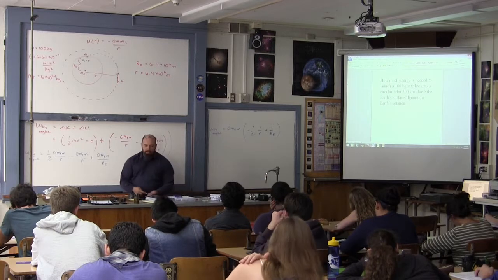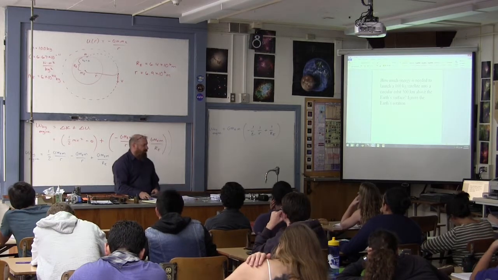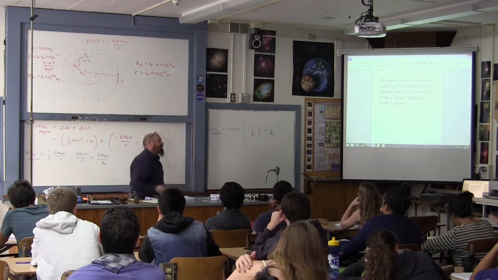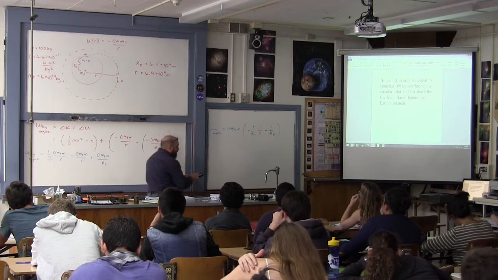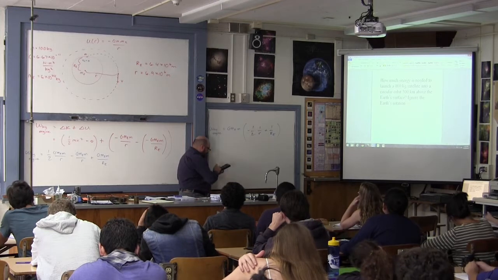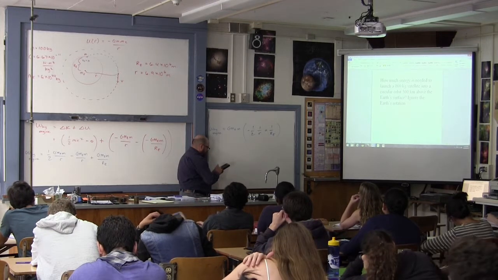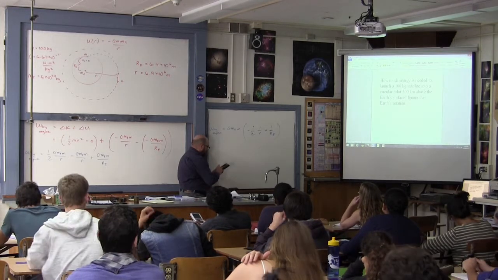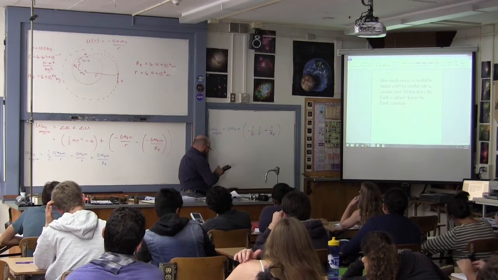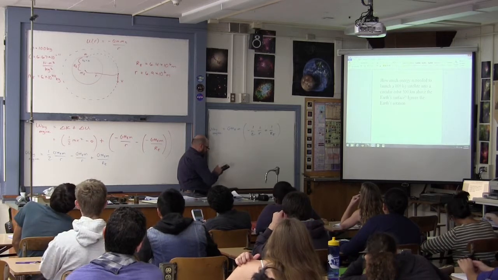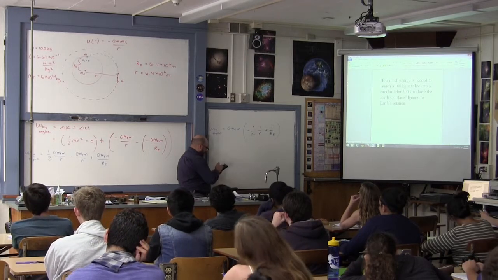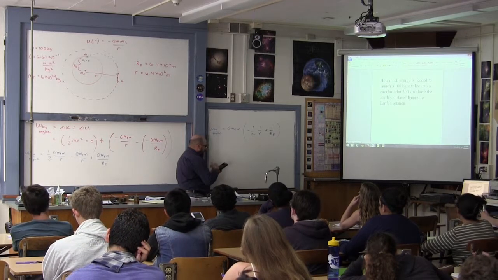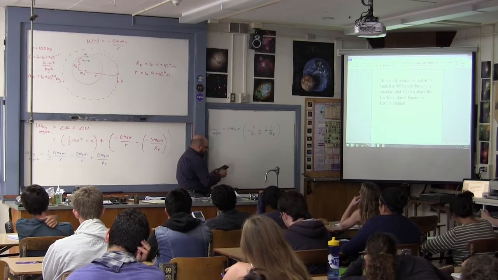Now, do I expect to get a positive number or a negative number for the work done by this pushing force? It should be positive. Let's see what that is. I'm going to do the parentheses first. First, I have negative 1/2 divided by little r, which was 6.9 times 10 to the 6th, plus 1 over the radius of the earth, which is 4 times 10 to the 6th. The parentheses is a positive number.